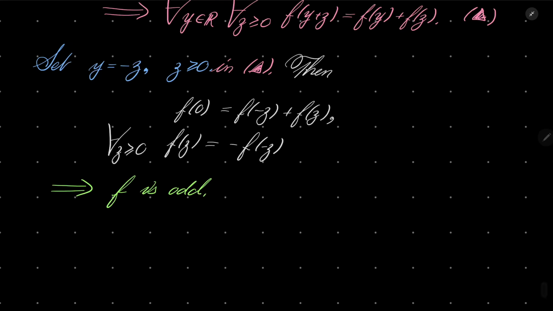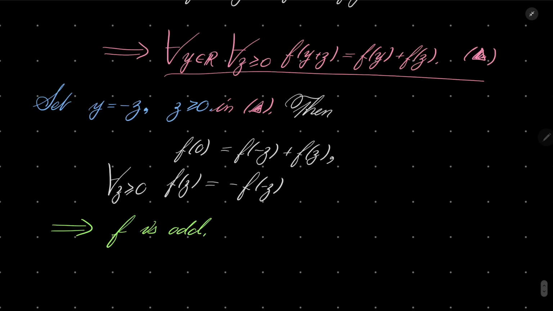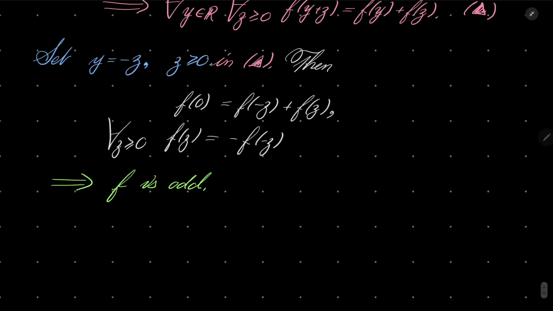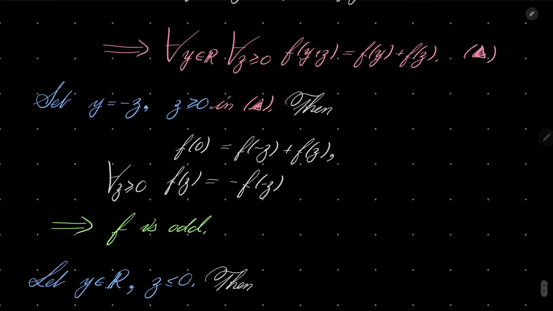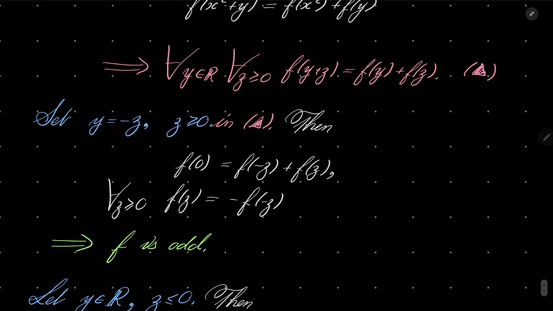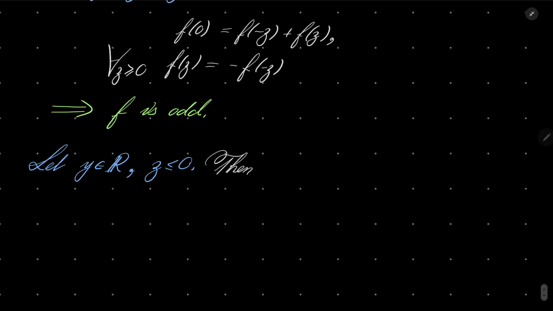Very well. And now I wish to extend my condition triangle to non-positive number z. So now let y be an arbitrary real number, and let z be non-positive. Then let's take a look. Let's take f of y plus z.